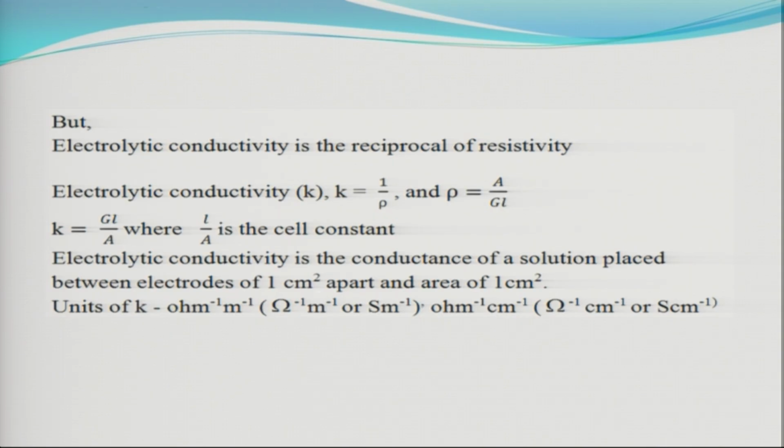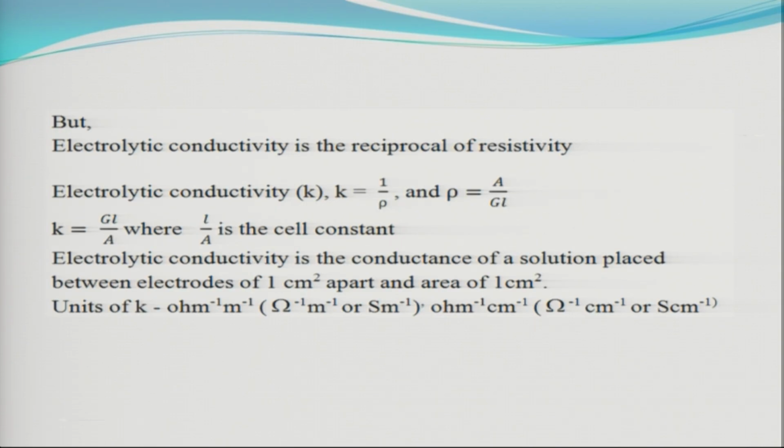So conductivity K will equal to per ohm per meter, or Siemens per meter, or per ohm per centimeter. Those are all the units. There are very many. So we can measure in centimeters or in what?